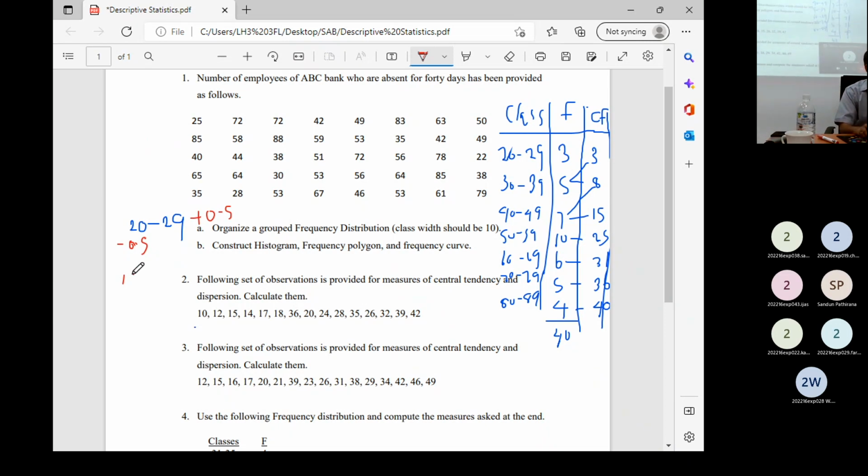Then you can see 19.5 and 29.5. Then the upper real limit of this class will be the lower real limit of the next class. This is called the upper real limit. This is the lower real limit.